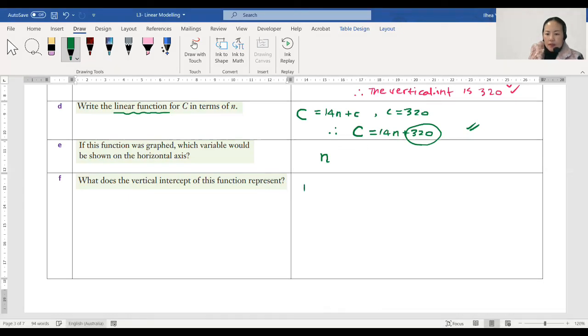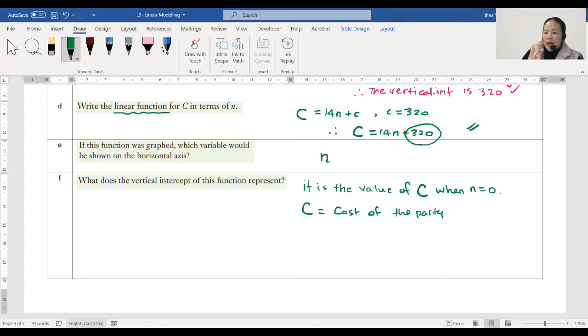It is the value of c when n equals 0, which is the cost of the party. C is the cost of the 21st party, okay?